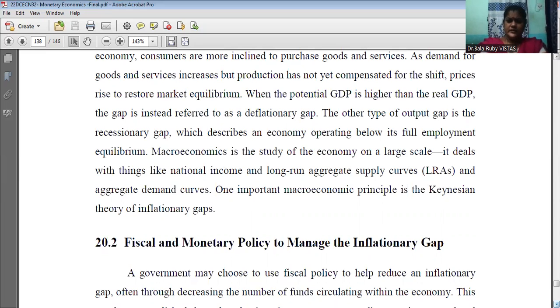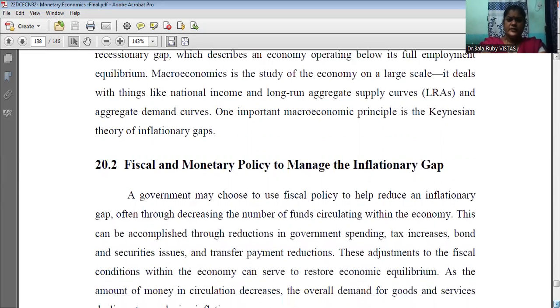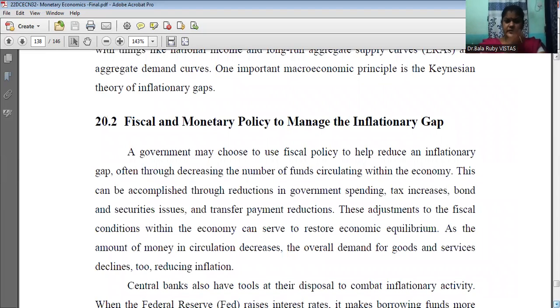Now, let us concentrate on the fiscal and monetary policy to manage the inflationary gap. A government may choose to use fiscal policy to help reduce an inflationary gap, often by decreasing the amount of funds circulating within the economy.